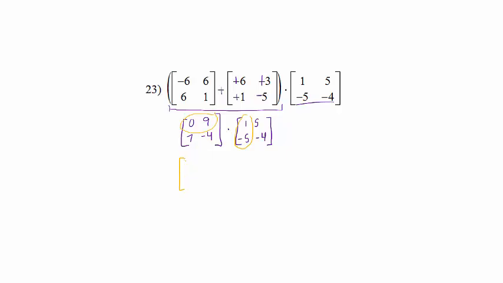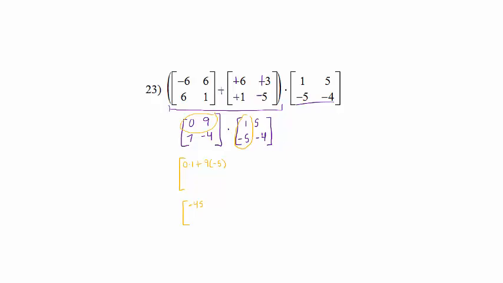And I'm going to multiply each first thing together and then add it to the second things together. So what that means is 0 times 1, because that's the first part of my row and first part of my column, plus 9 times negative 5, because that's the second part of each of them. And I'm going to add that together, and that gives me my first element. It gives me negative 45 in my top left spot here.